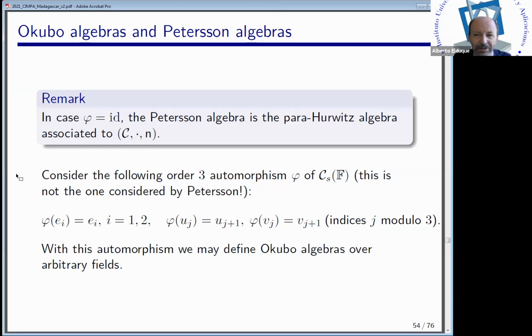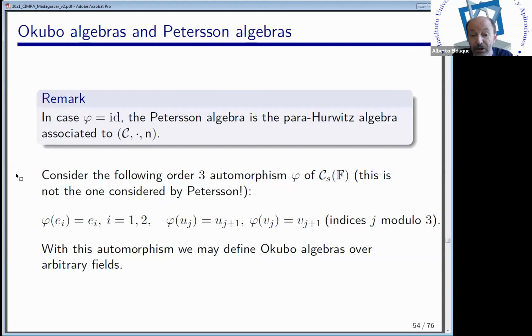But we have to keep this alternating trilinear form that I considered yesterday. One has to keep some properties here. But if you permute cyclically the basis elements in both U and V, everything is preserved. So in particular, this is an automorphism.